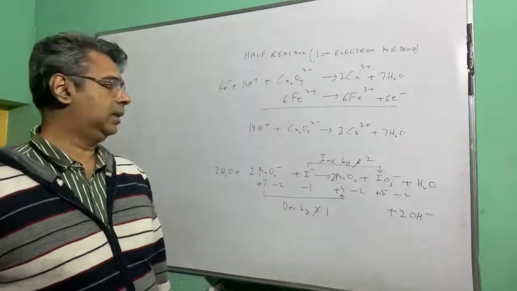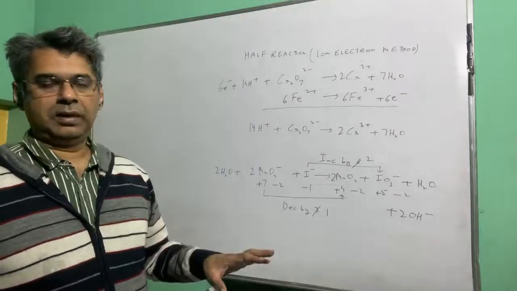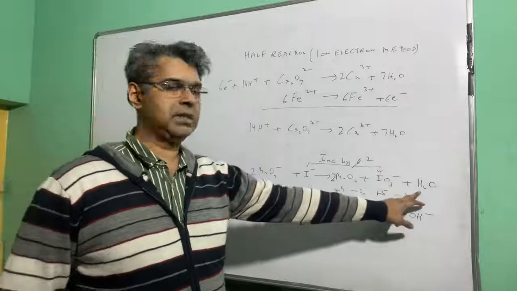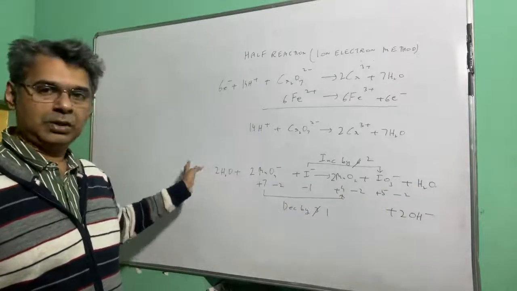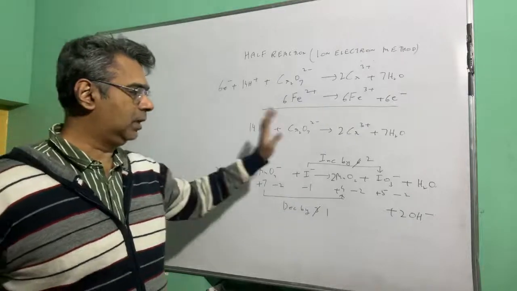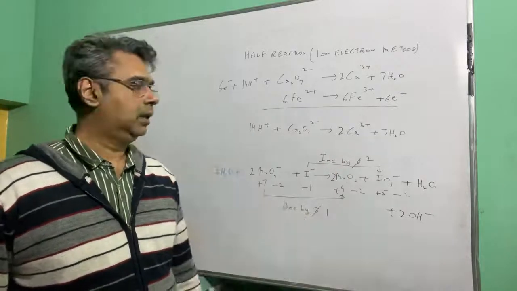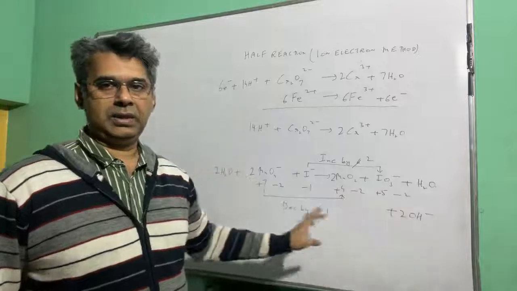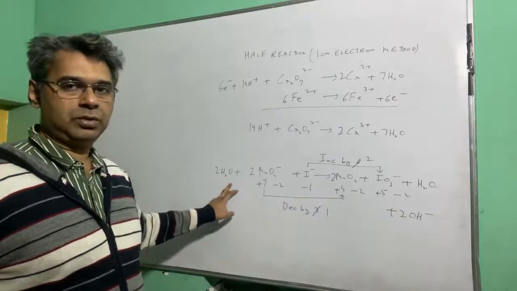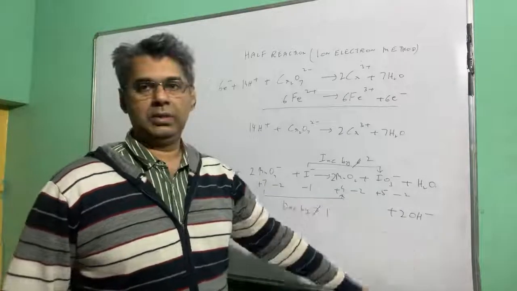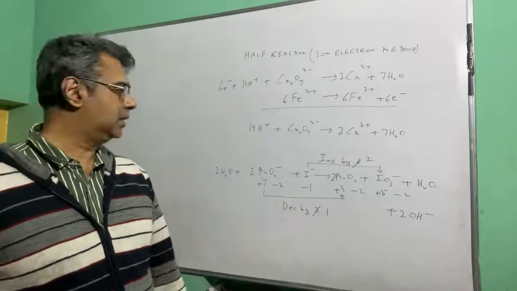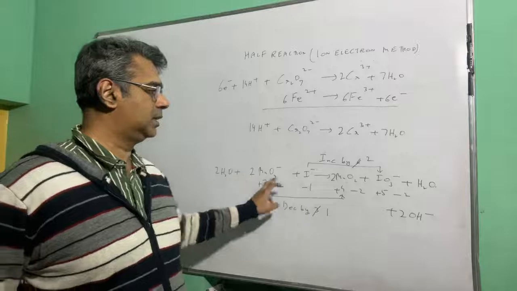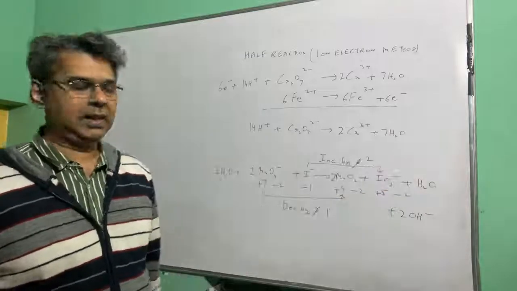So in alkaline medium, when everybody else is done, then for hydrogen, whatever is the number of shortage hydrogen, you have to add that many H2O on the shortage side and an equal number of OH minus on the other side. So here there are 2 hydrogens, here there are none. So add 2 H2O, and because you have added 2 H2O, here you write 2 OH minus. Now it is fully balanced. In the end, this is 2 H2O, this is H2O, so 1 H2O will get cut.